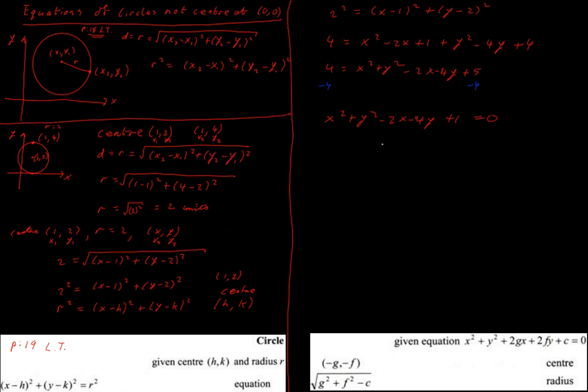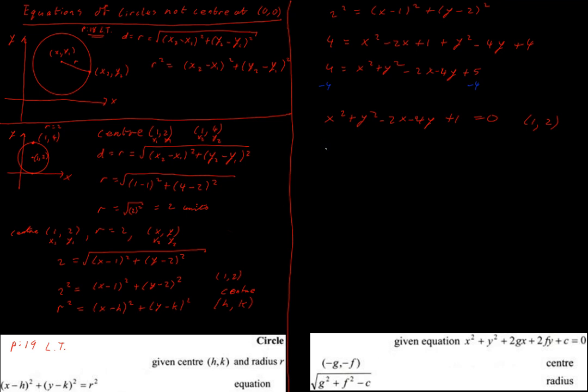Now let's have a look at our center and our radius under this schema. So I know that the center of this circle is at 1, 2. So what happens here?